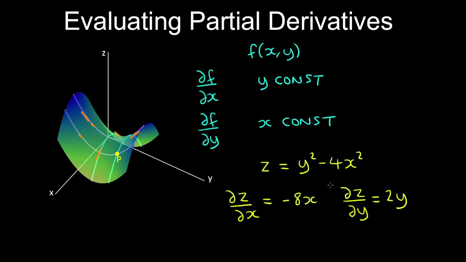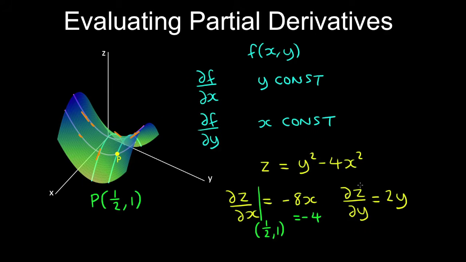Now if these partial derivatives are evaluated at point P, having an x coordinate of 1/2 and a y coordinate of 1, then the partial of z with respect to x at this point gives -8 times 1/2, or -4.